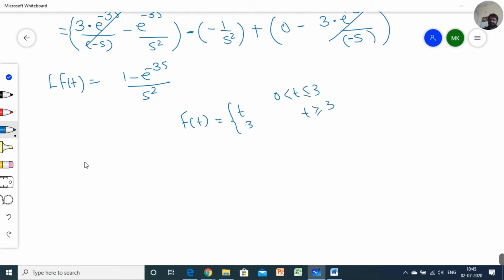When I substitute f of 0, my 0 point belongs only to this limit, not here, because that one is 3 to infinity. So whenever I have to take the function, I take f of t equal to t, and when I substitute f of 0, I substitute only in this function, because my limit is 0 to 3.